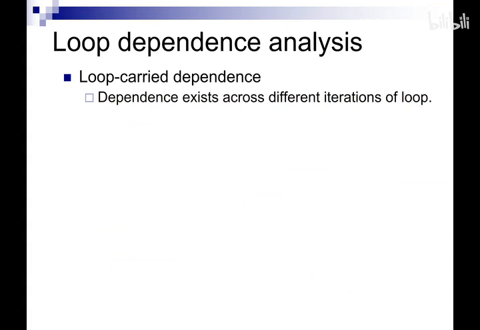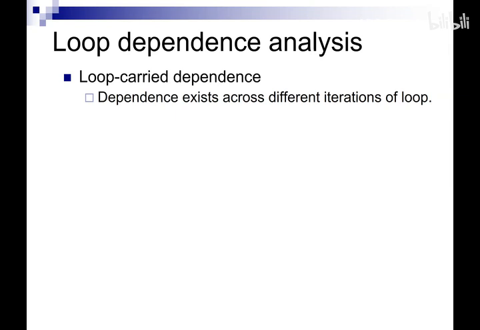Previously we talked about dependencies between statements. Now since we're trying to parallelize loops, we're going to look for dependencies between statements in different iterations of a loop. This is called loop dependence analysis. We have different types of dependencies between statements in loops.